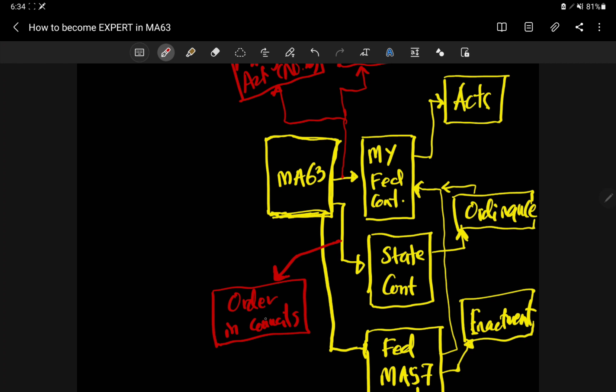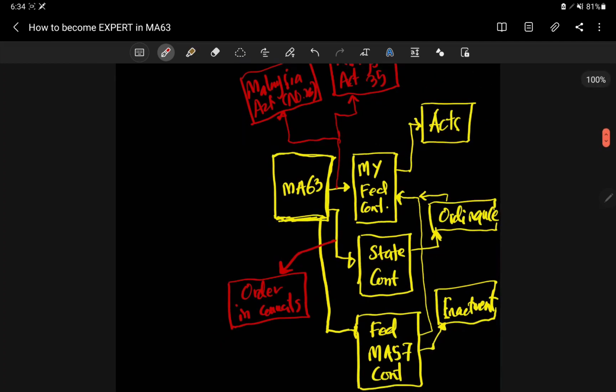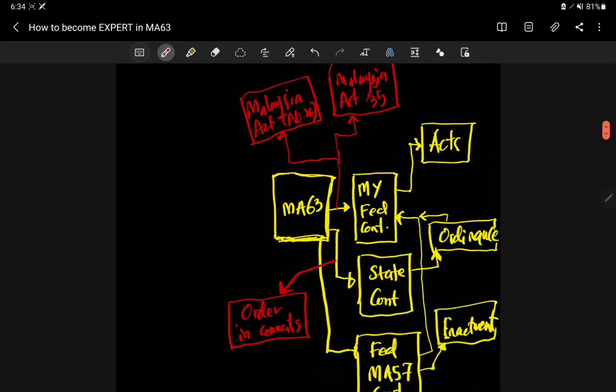But this Order in Council is very important because it provides that the Queen gives the force of law to the state constitutions of Sabah and Sarawak as states of Malaysia, as outlined in Article 3 of the Malaysia Agreement 1963.